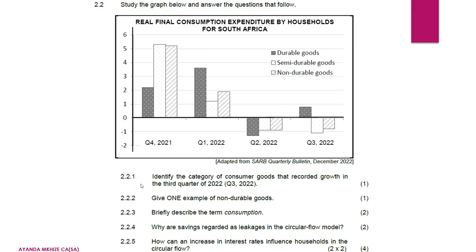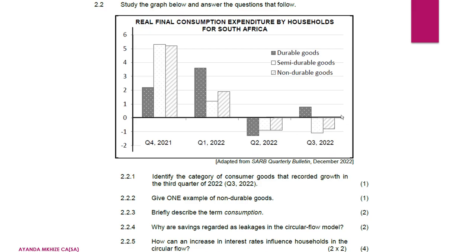Question 2.2.1: identify the category of consumer goods that recorded growth in the third quarter of 2022. In brackets, they summarize what you would see in the graph above. Where is Q3 of 2022?